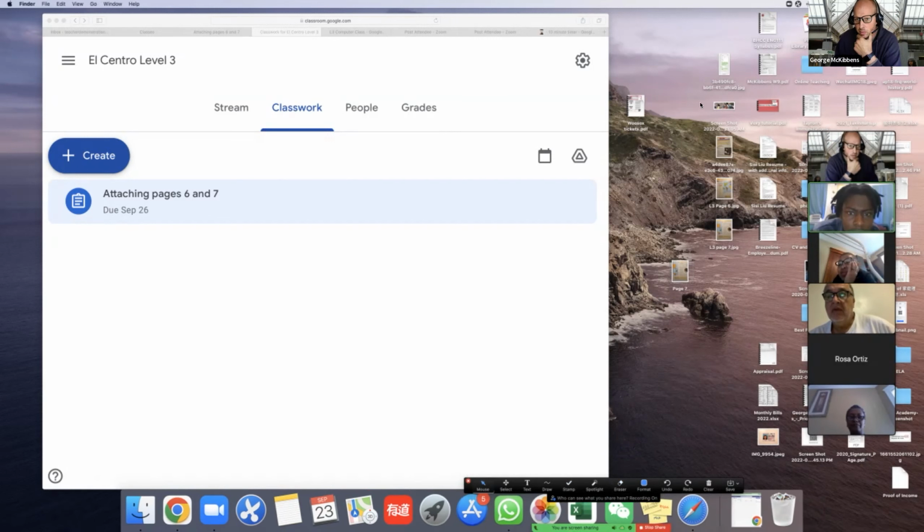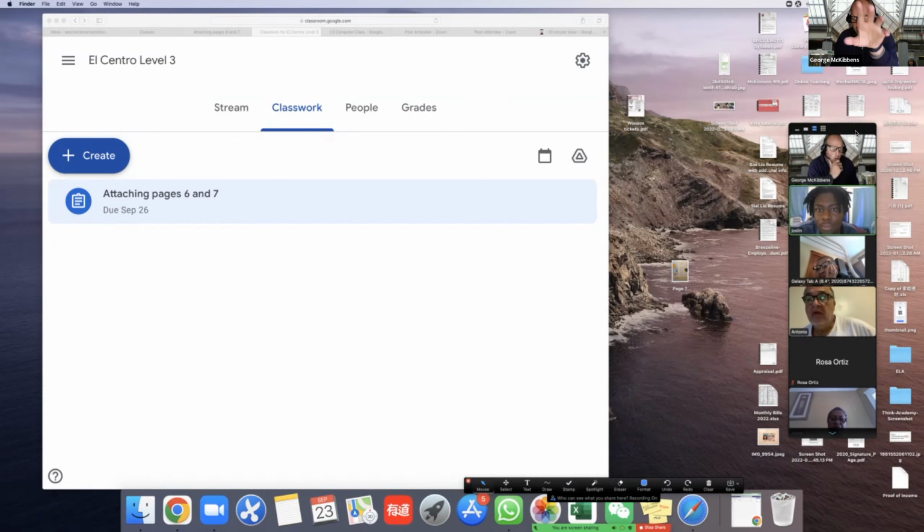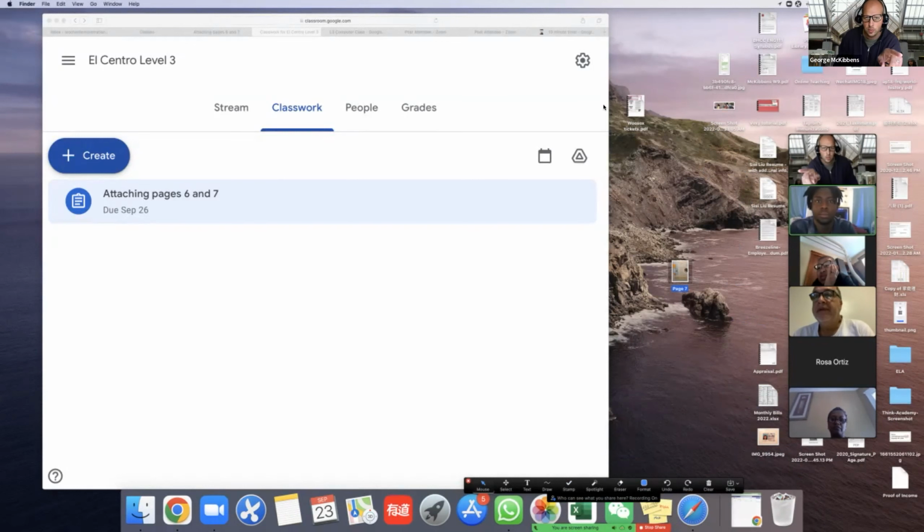I'm actually going to get rid of a little bit of garbage here. Don't need all that. All these documents on this part of the screen, this is called the desktop. So if I keep it on my desktop, I need to attach it on Google Classroom.